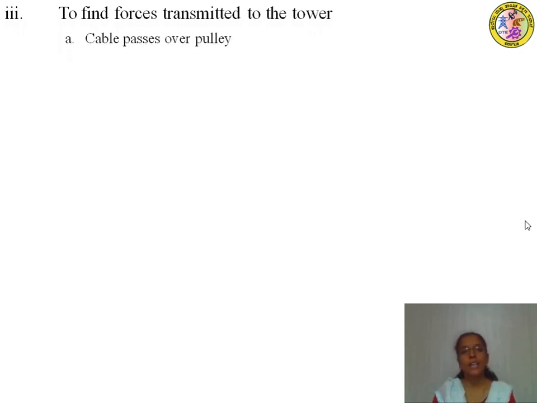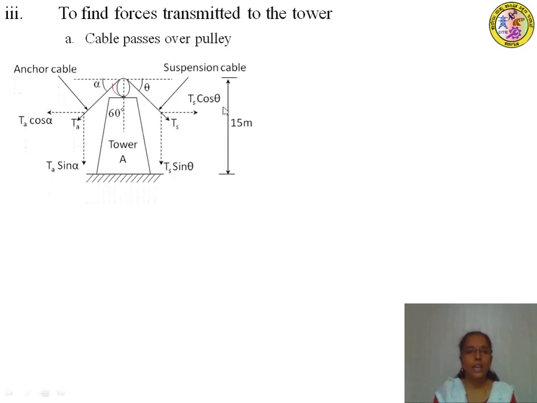So in the first case, when the cable passes over the pulley, so this is the case. Because both towers will have the same force, let us assume the tower A. Okay, so this is the suspension cable and this is the anchor cable. Let us assume that it is acting at an angle theta with respect to horizontal, and anchor cable is at an angle alpha with respect to horizontal.